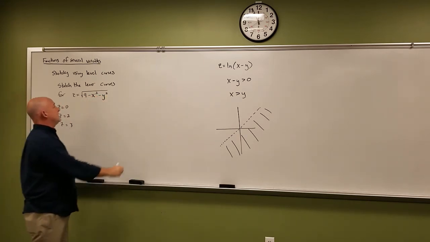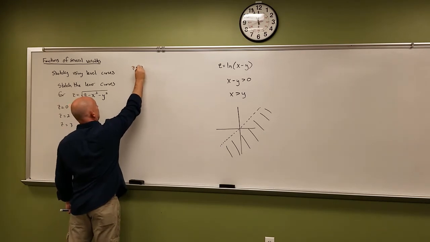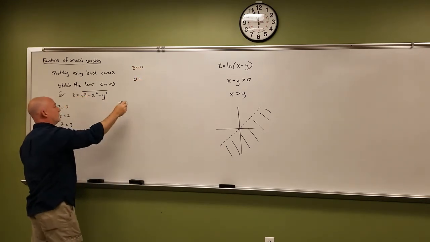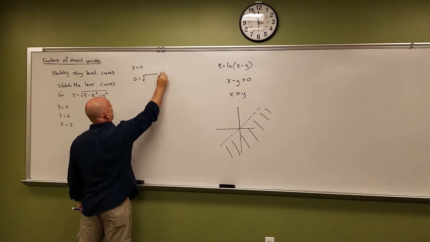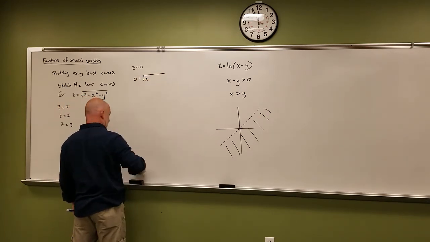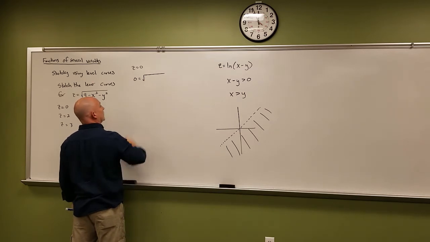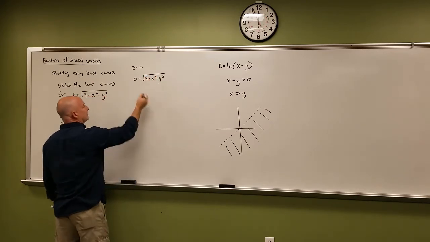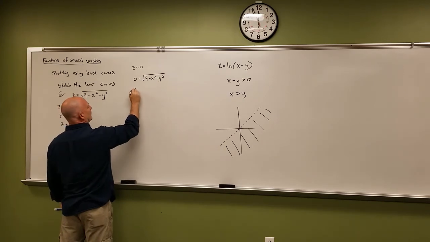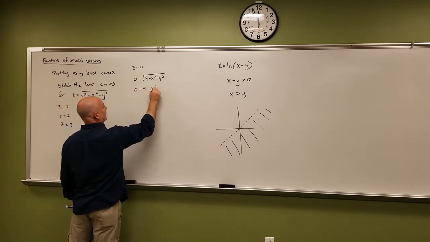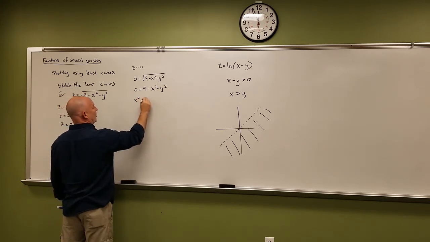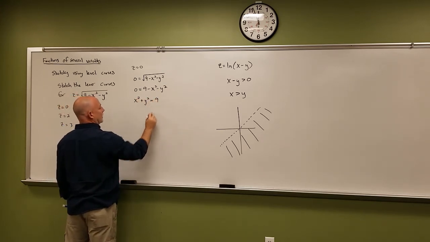Okay, so at z equals 0, we put 0 in, so this is basically what this looks like as it crosses the xy plane. We get 0 equals the square root of 9 minus x squared minus y squared, which, if you square both sides, gives 0 equals 9 minus x squared minus y squared, or another way to write this is x squared plus y squared is equal to 9.